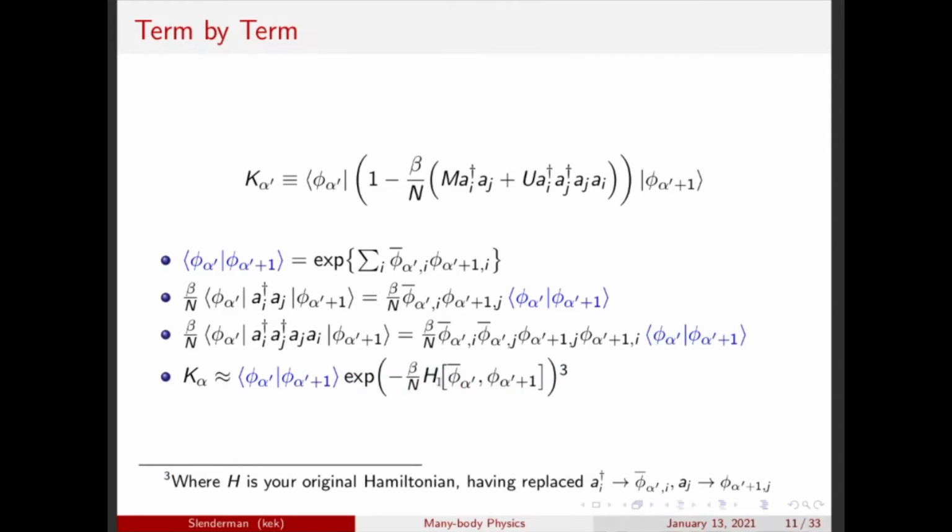I've written h here because this h of phi is our original Hamiltonian, this a_i a_j plus other terms, having replaced these creation and annihilation operators by these fields, the bar phis and the phi alphas. Okay, so we've re-exponentiated this single matrix element.